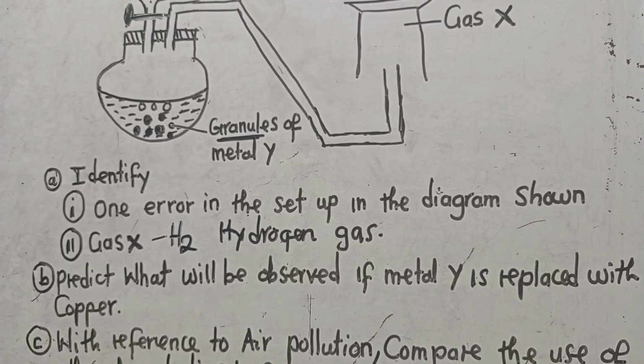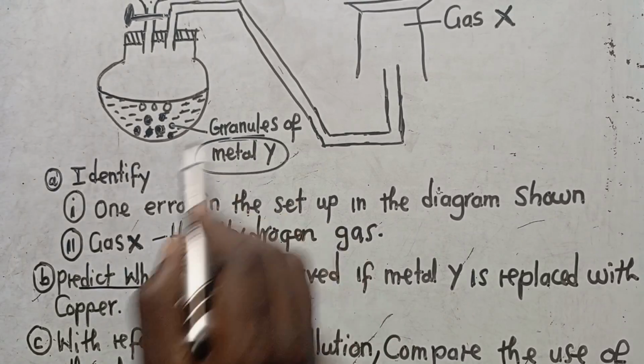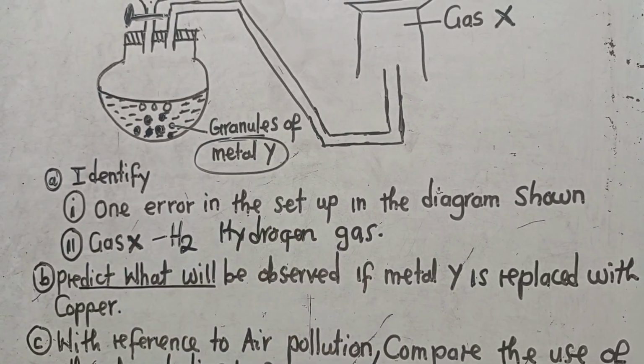I'm not writing anything here, I'm just discussing this particular question with you. If the question tells us to predict what will be observed if metal Y, which is supposed to be zinc, is replaced with copper, I've told you that there will be no bubbles formed or seen.